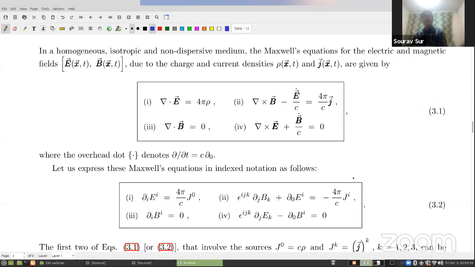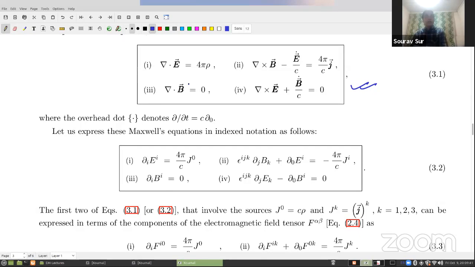Now these are the ordinary Maxwell's equations, these 4 equations. In index notation, divergence of E is 4 pi rho. Rho is J0 over C. Remember, J0 is C times rho, so rho is J0 over C. That's what we have put here.